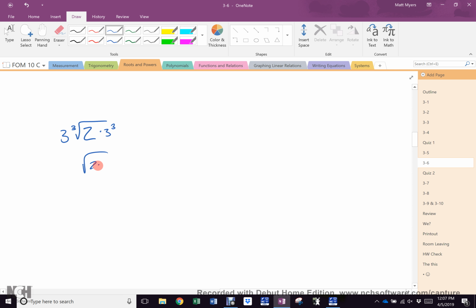So that is 2 times 27, which is the cubed root of 54. Everyone cool? What if it was x root 7? That's tricky. It would be the square root of 7x squared. Nice. Everybody good?